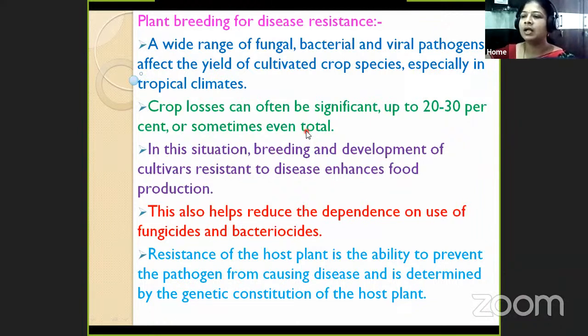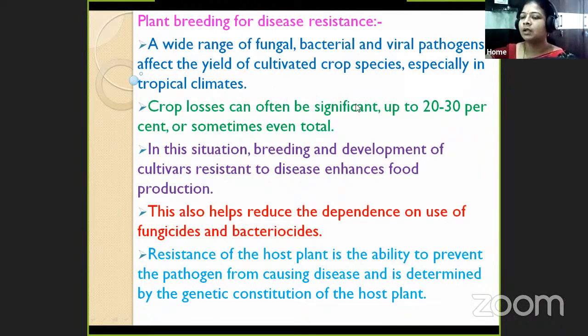It is a fungal member belonging to the class Basidiomycotina. A wheat crop is totally infected by this fungus. Due to that fungal infection, sometimes 20 to 30% of the crop is collapsed, or sometimes the total crop is damaged. And coming to bacterial infection.